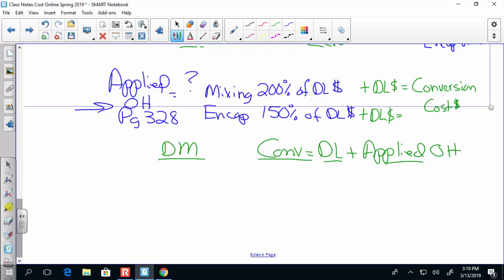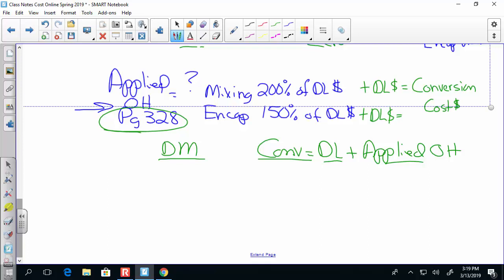Now the mixing department will take the direct labor cost and the markup, the applied rate is 200% of the direct labor cost. This is discussed on page 328 of your problem. So in mixing, 200%.